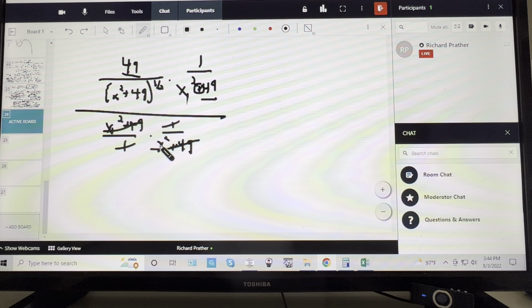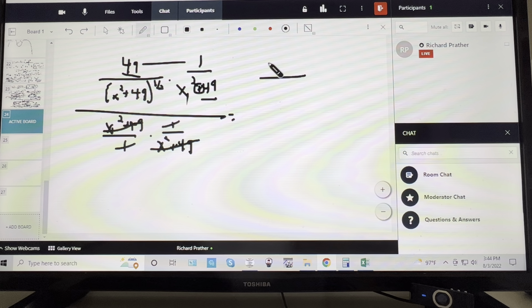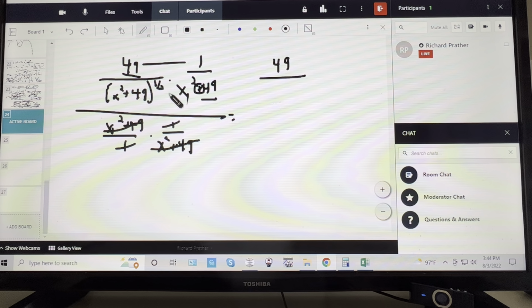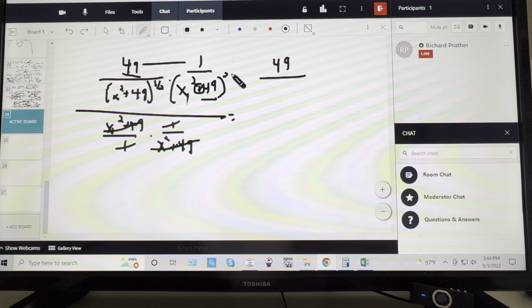So I don't have a fraction inside a fraction anymore, but the top is 49 times 1, 49. And then the bottom, you have two bases that are the same. X squared plus 49 is each base. And this 1 could be written as 2 over 2. So you have 1 over 2 plus 2 over 2, that's 3 over 2. And this is the answer to the second derivative right here.